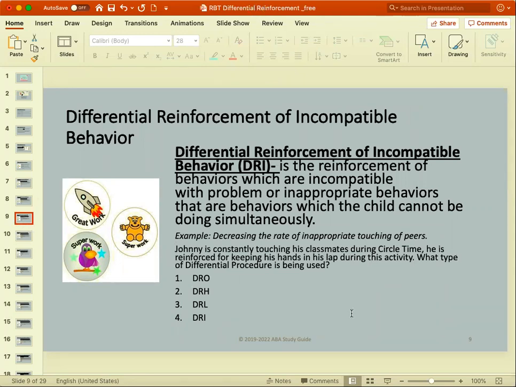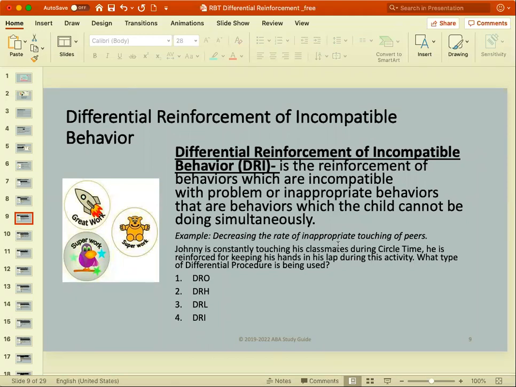All right, so next one, we have our DRI. DRIs are one of my favorites. I think they're a lot of fun. This is reinforcement of behaviors which are incompatible with inappropriate behaviors, that are behaviors that the individual can't do simultaneously. So if I want to decrease the rate of inappropriate touching of peers, my favorite here, I work with a lot of younger children, a lot of boys that might do some self-touching where their hands are always in their pants, right?